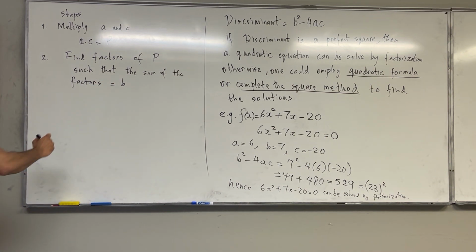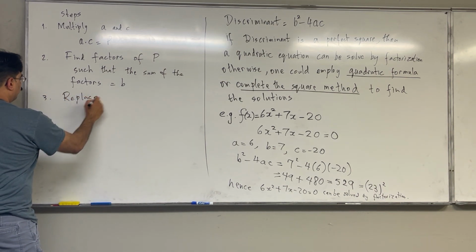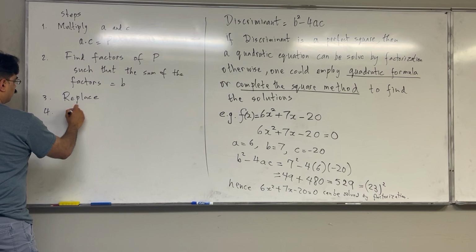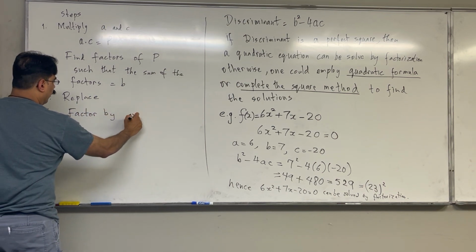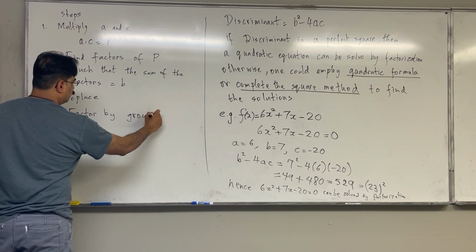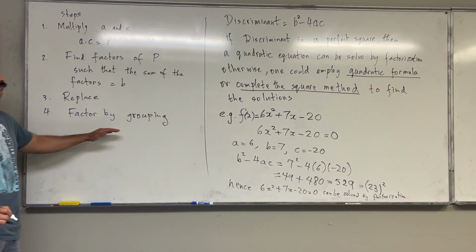The third step is to replace them, and the fourth step is to factor by grouping. If we follow this routine, all factorable quadratic functions can be factored.